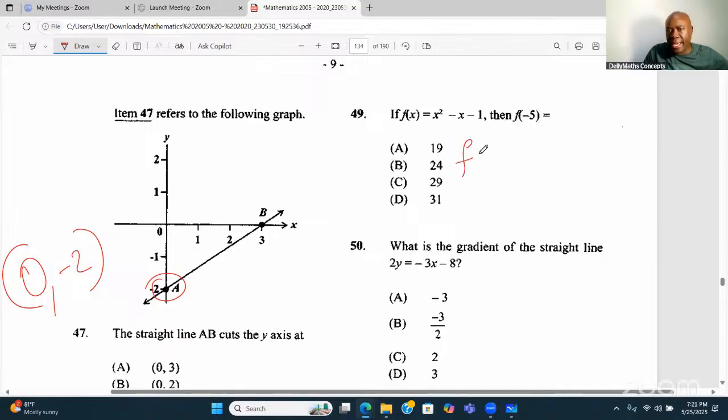Basically, you're finding f(-5), which means -5 will take the place of x. That's all. So there's going to be a -5 here, and a -5 here. Despite the negatives that you're seeing, -5 goes where x is. But when you square something here at the front, it's positive, right? Then you could see when these multiply, it's positive again. And then you're taking out 1. So that's 30 minus 1, 29.